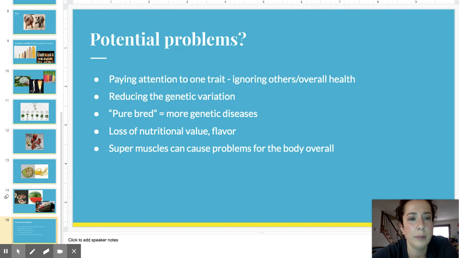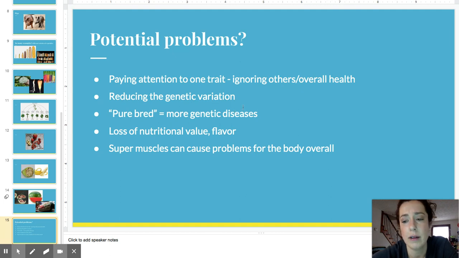So what are some potential problems with this? Basically, if we're really paying attention to one trait and developing that one trait, that might be at the cost of the overall health of the species. So that might be an issue. We're reducing the genetic variation. We talked about that with the banana, that could be a problem, that it makes that species more vulnerable for if there's a problem, there's less variety that could potentially have a trait that could help them survive through the problem.